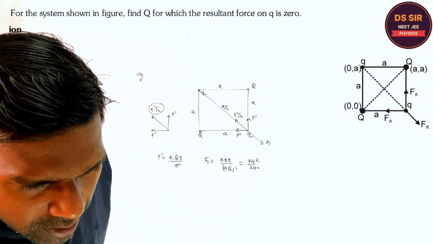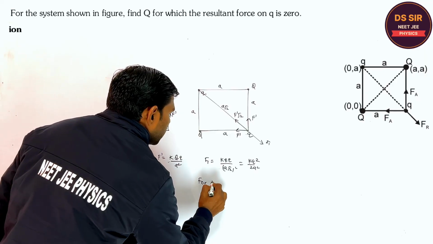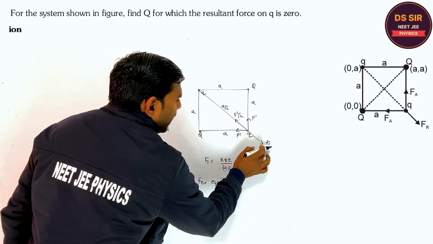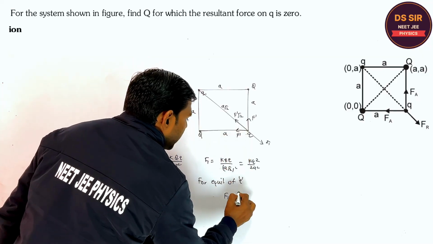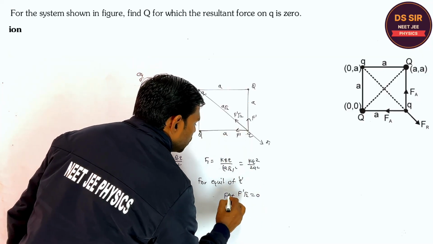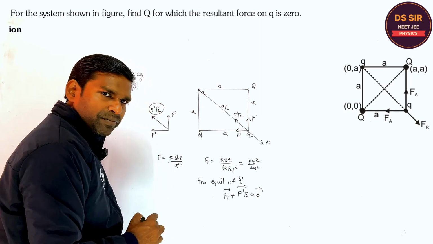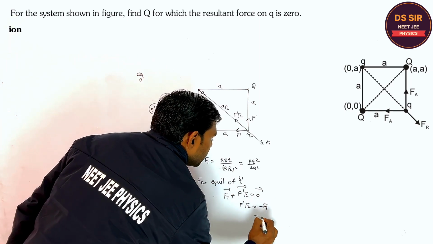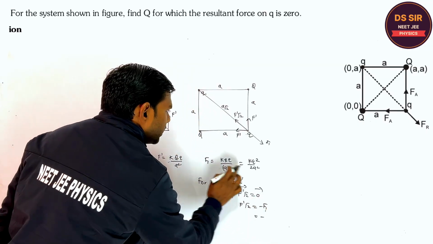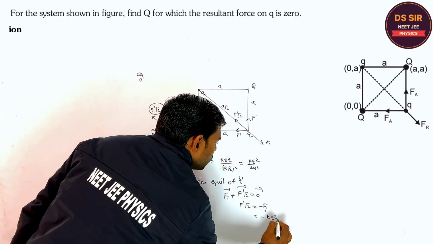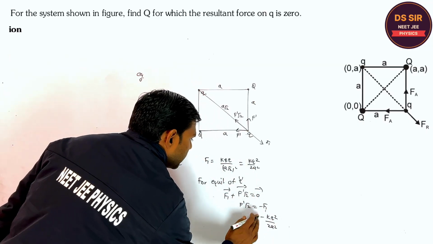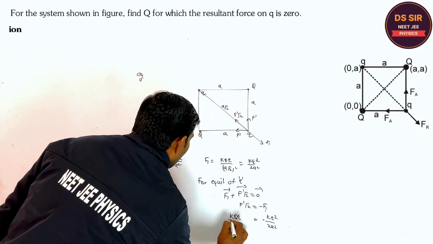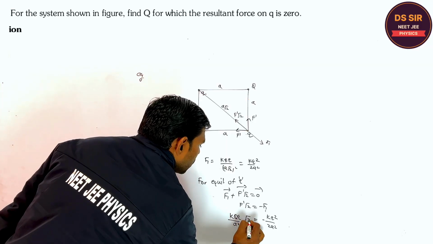So for equilibrium of Q, F1 plus F dash root 2 must be 0, or you may write it this way: F dash root 2 must be equal to minus F1, right? So this is the F1, KQ square upon 2A square. And what is the value of F dash? KQq upon A square root 2.